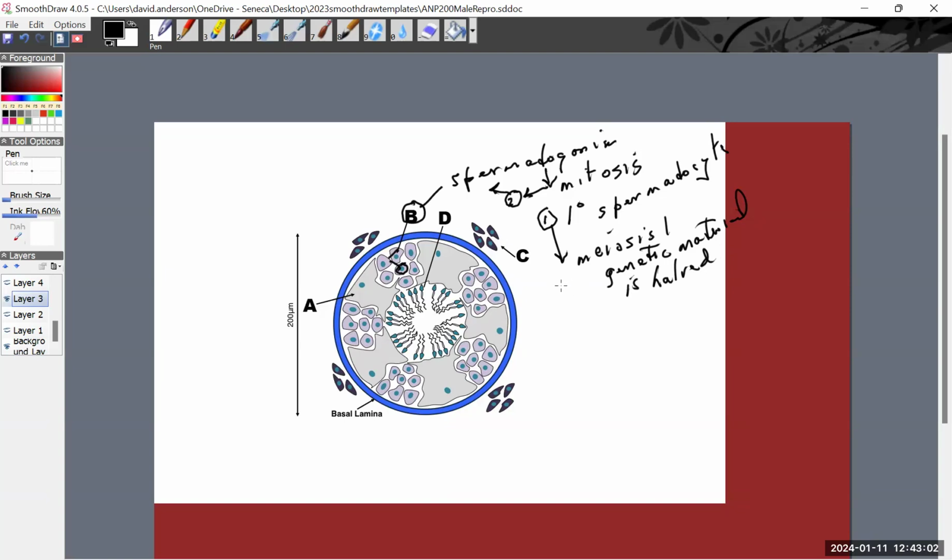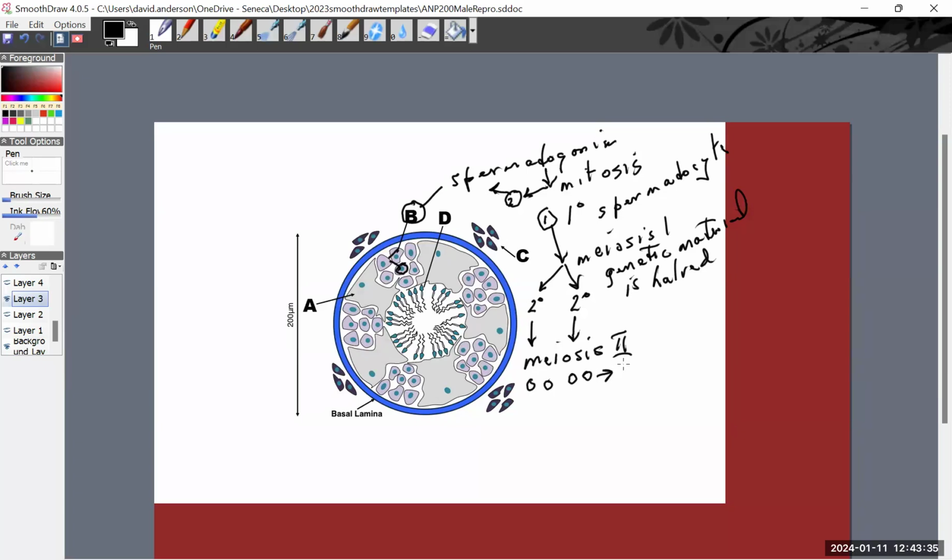And that's going to give us a secondary spermatocyte, actually 2. And they have half the genetic material each, and they will each undergo meiosis 2, the second half of the meiotic divisions, which is going to give us 1, 2, another division, 3, 4.